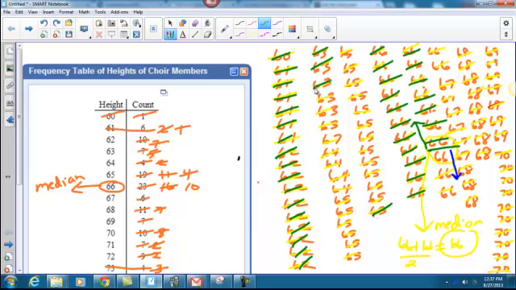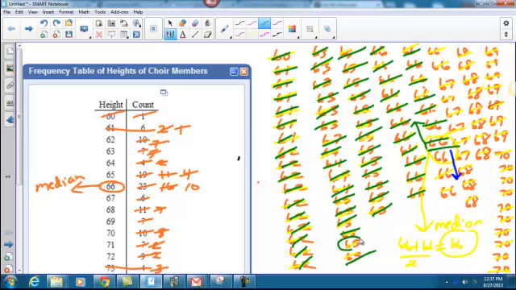And I'm just going to continue to do this until I meet in the middle here. So this right here is my quartile 1.